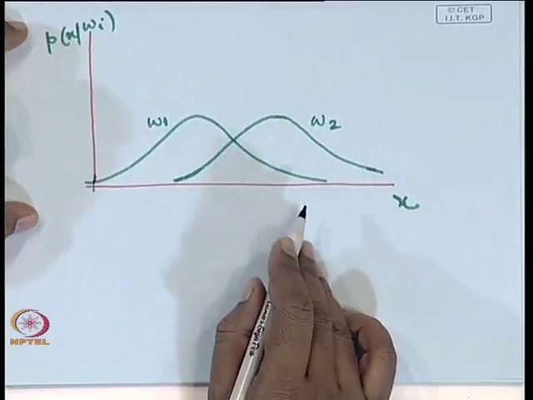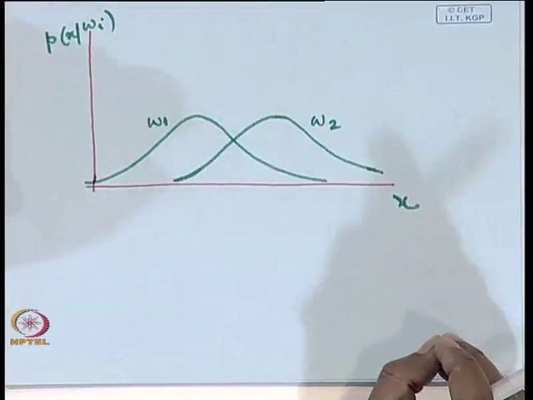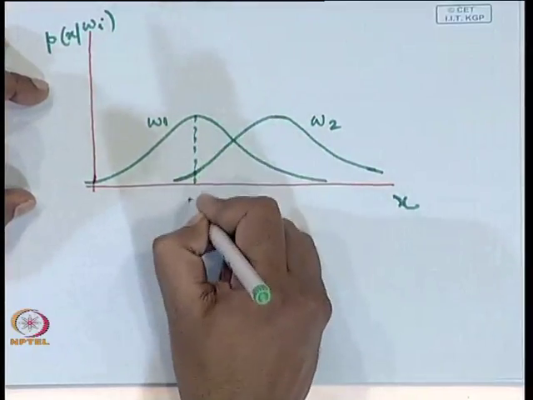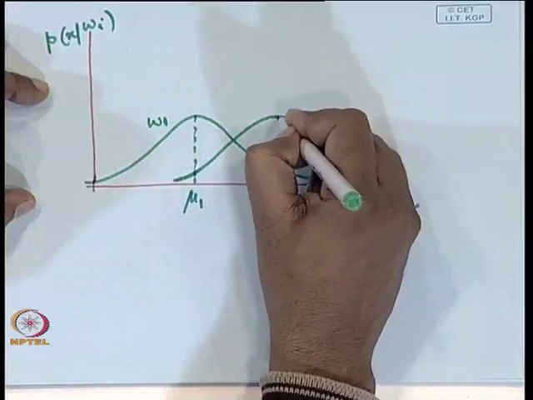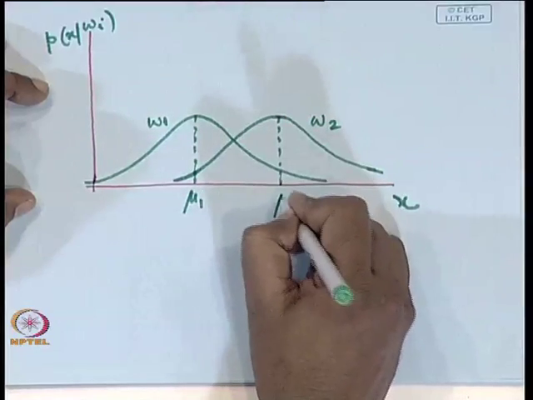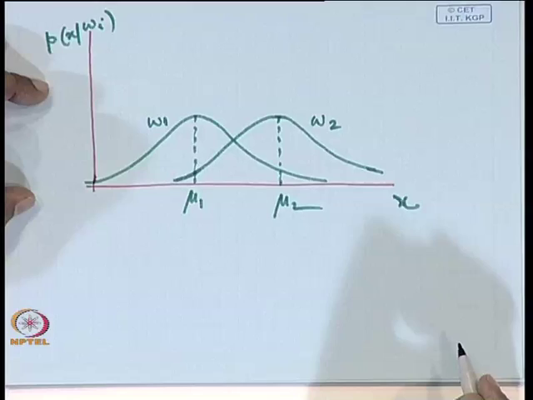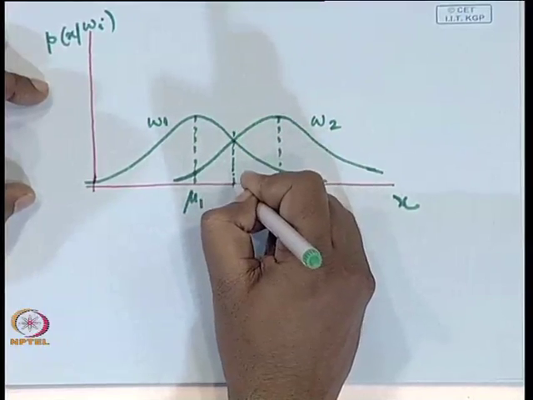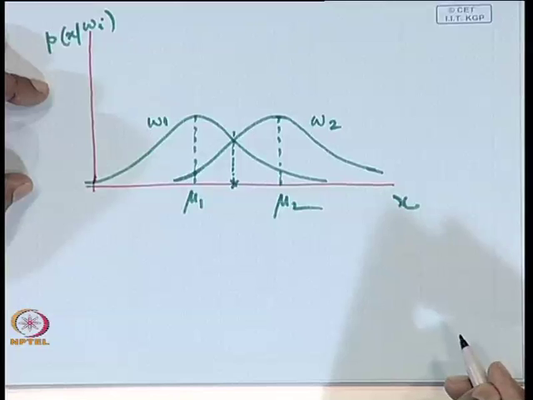So, if the a priori probabilities p omega 1 and p omega 2 are same, and this is what is my mu 1 and this is what is mu 2, then my decision surface will be at the middle.